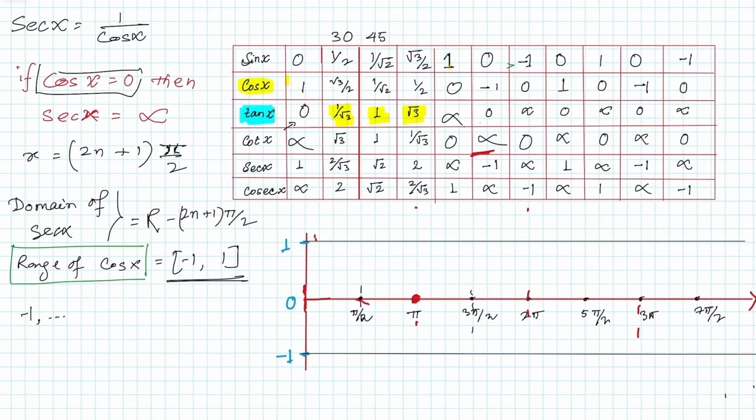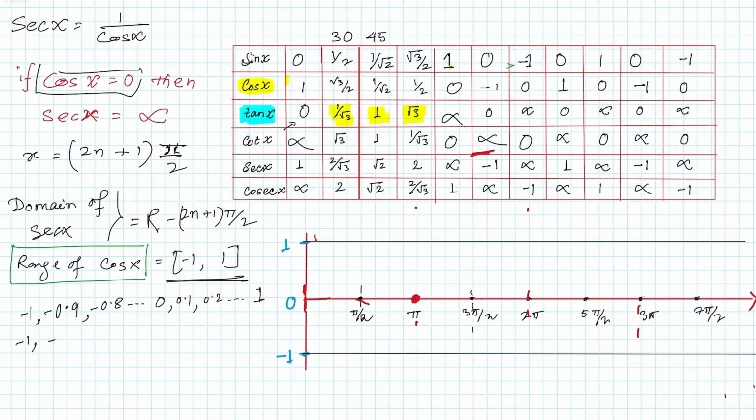So now you see, from minus 1, the next points are, suppose, minus 0.9, then minus 0.8 and so on, then 0, then again we will get 0.1, 0.2 and so on, then again 1. Okay, these are the points.